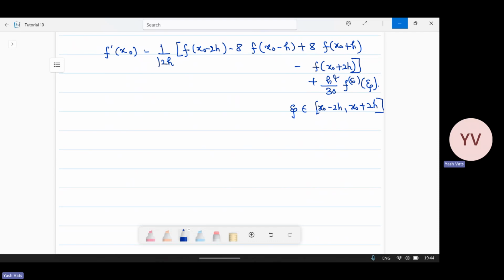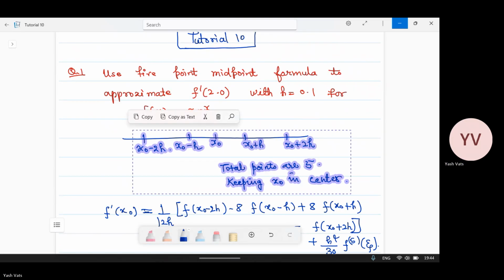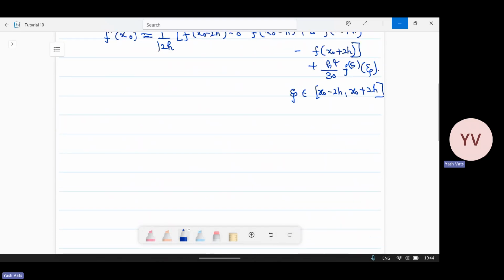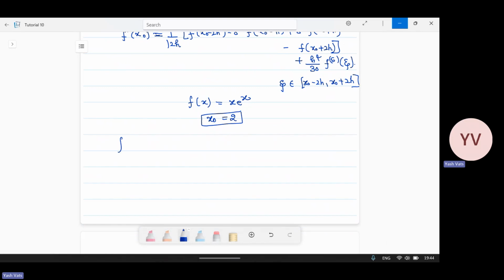And here you have given your function and you have to calculate. x naught is 2, then you have to approximate f dash 2.